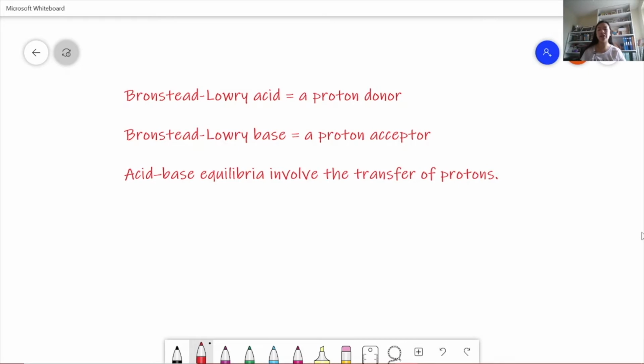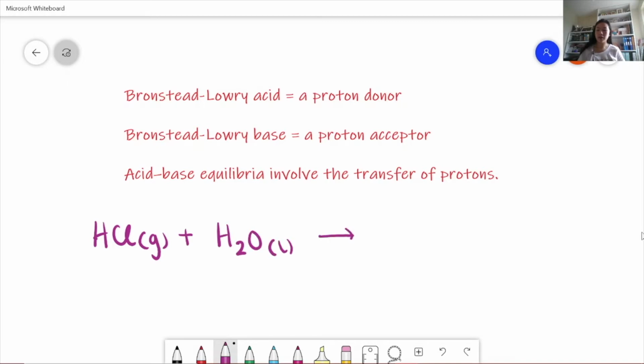First, we're going to go through some definitions. So a Bronsted-Lowry acid is a proton donor and a Bronsted-Lowry base is a proton acceptor. So for example, if we had hydrochloric acid, the gas, being dissolved into water to form the H3O plus ion and a Cl minus ion, then this hydrochloric acid is acting as the proton donor, and the water is acting as the proton acceptor.